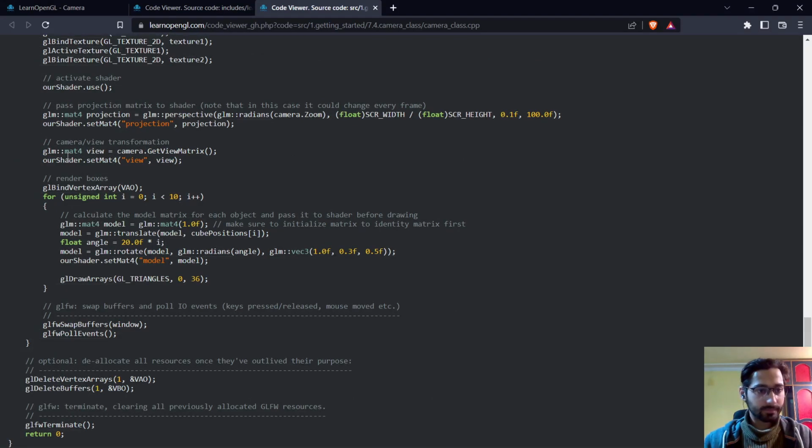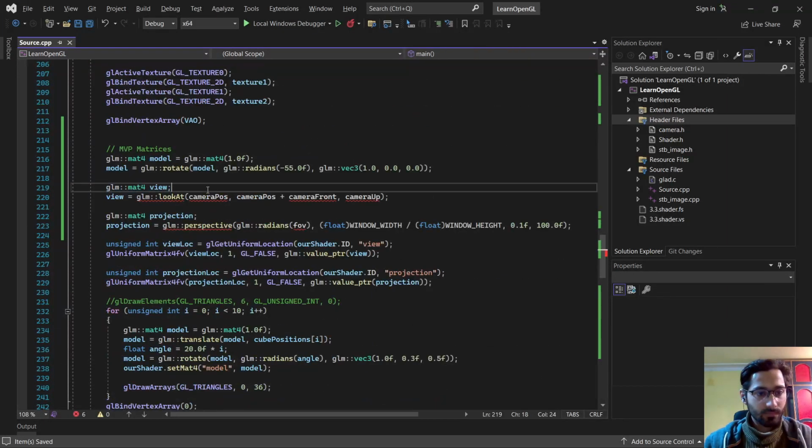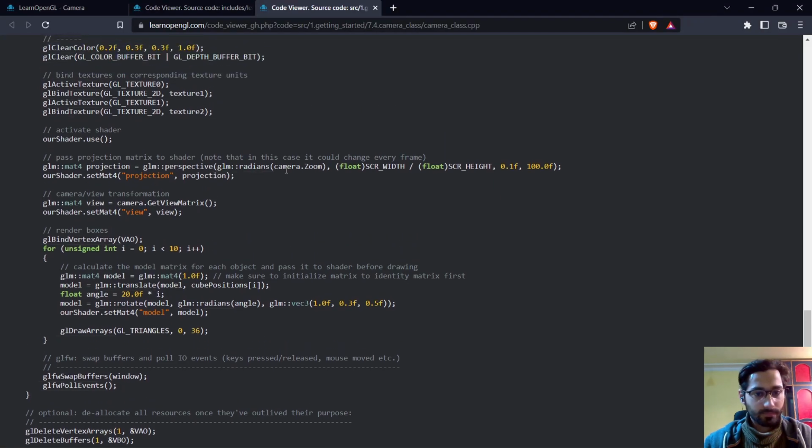Okay, that's fine. So we have to create the view matrix. We're doing camera.getViewMatrix, and that we're setting right over there. So all of this will be gone. We don't have the FOV, we'll have to get that from the camera. Okay, it's called camera.zoom now.